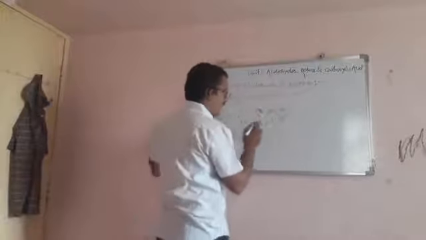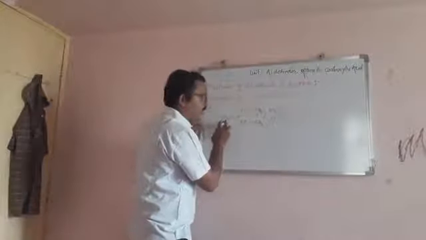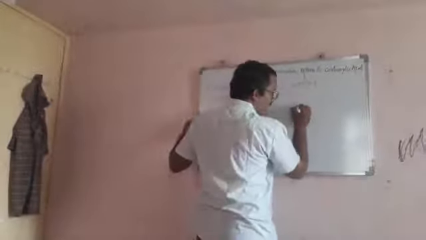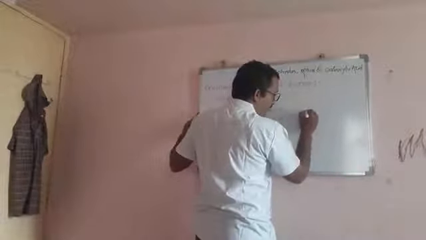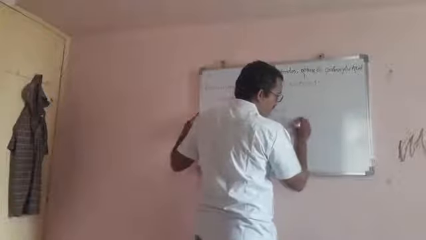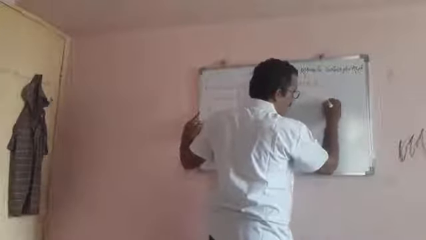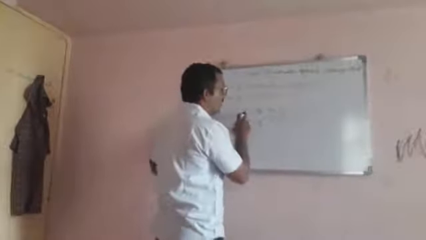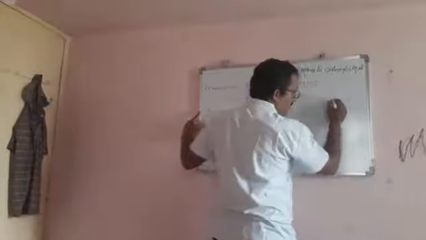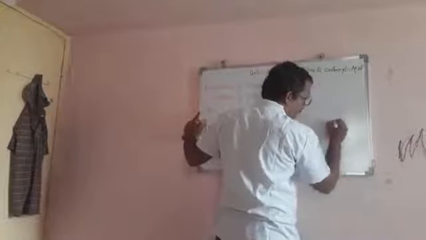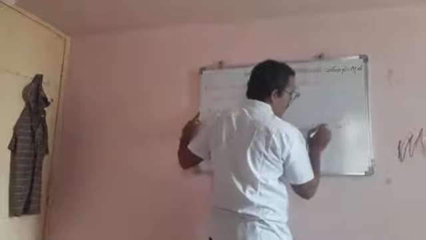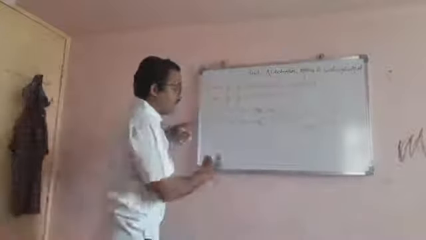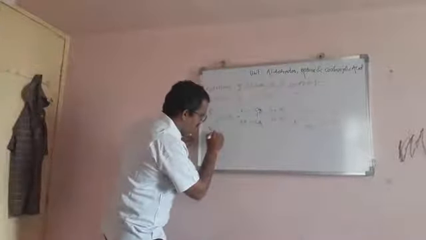In this reaction the double bond is broken and forms the cyclic ketal: R, R', here is O, here is also O, and this O is connected with CH2. This is the ketal.